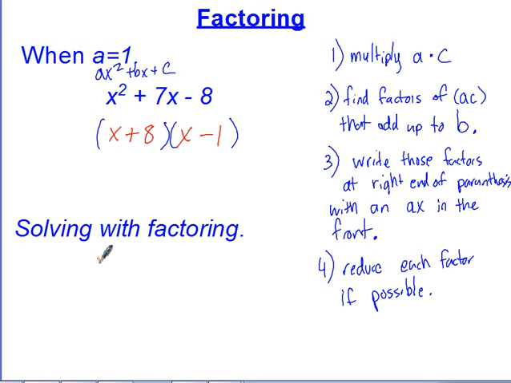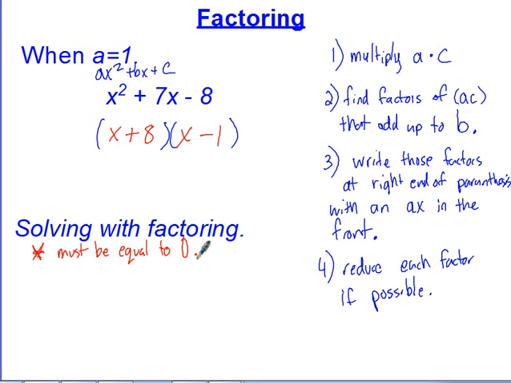Here's where most students get confused. It says solving with factoring. Rule number 1, guys. If I asked you to solve, I want to know x equals what, right? So rule number 1: in order for you to even solve, your equation itself has to be equal to 0.